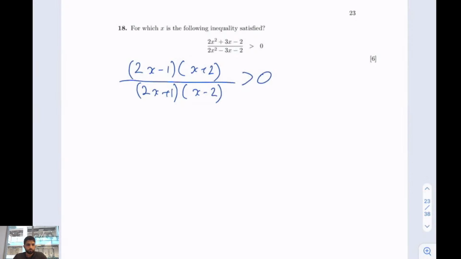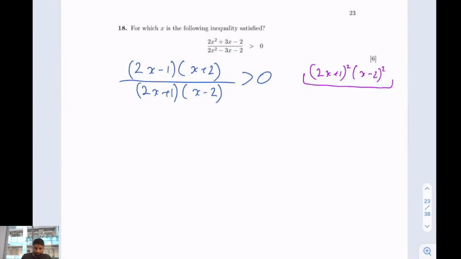Then once we have factorized, we can now multiply both sides by 2x plus 1 squared, x minus 2 squared, because we know that this expression is positive. We are squaring it, it's going to be positive.